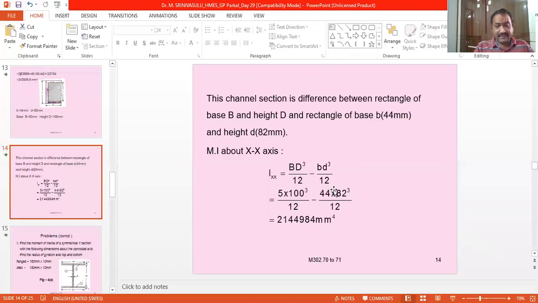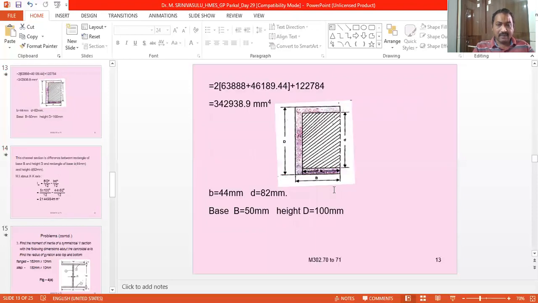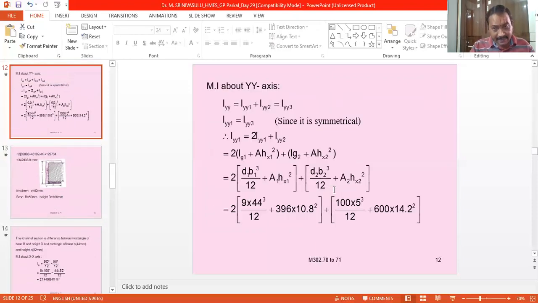And for the y-axis also we can find it in the other way, as in the case of y. So Ixx is nothing but Ixx1 plus Ixx2 plus Ixx3. It is very simple here, there is no shifting because it is symmetrical about the x-axis, and h1, h2, h3 will be 0 because y1, y2, y3 are also equal to y.